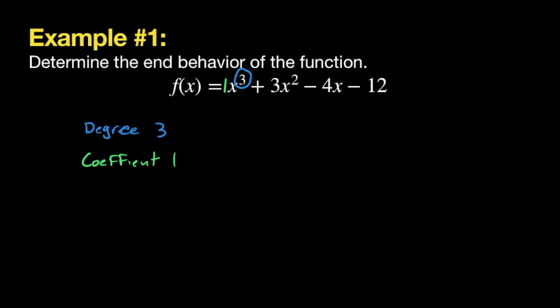So based on the information that we had in the previous part, we know that because it's odd, it's going to be going into opposite directions. So odd means opposite. And because it's a positive 1, that means that we're going to go from negative infinity to infinity. So we know that the behavior of the graph is going to be something like that. We're only going to pay attention to the endpoints.